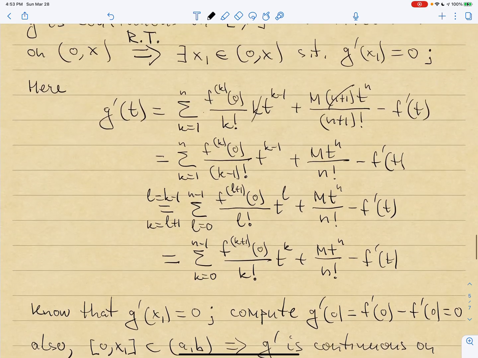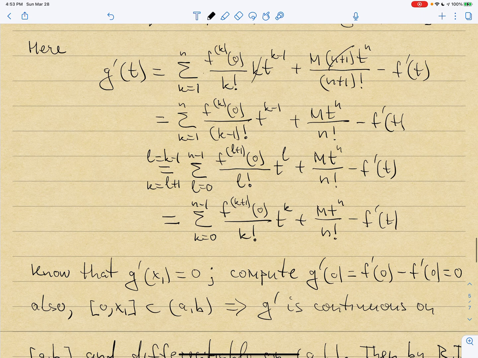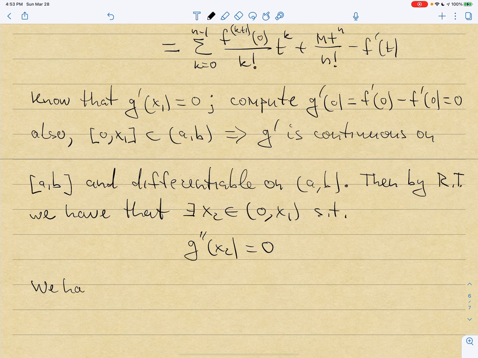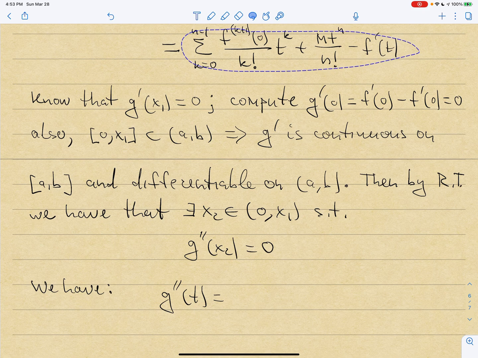So now let's go through the same computation as we did over here, but now for g double prime. So who is g double prime? G double prime of t is the derivative of this, right? So you take the derivative again, the derivative of the polynomial, term by term. So you have a sum. Once again, the first term will disappear because it's a constant.